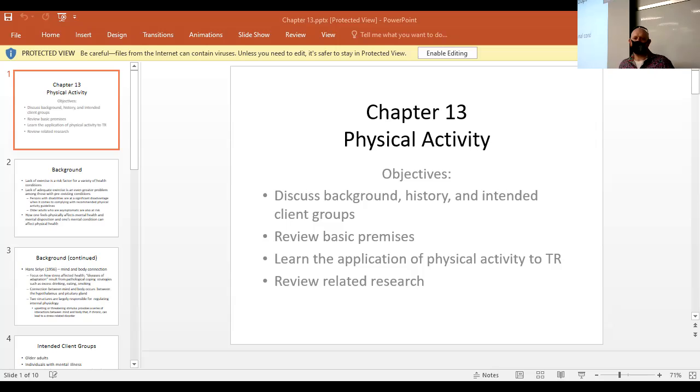So some of the groups that you will work with in recreation therapy that need physical activity: older adults, we talked about them, and individuals with mental illness. Have you seen any old movies or old clips of institutions? What did mental illness used to look like?